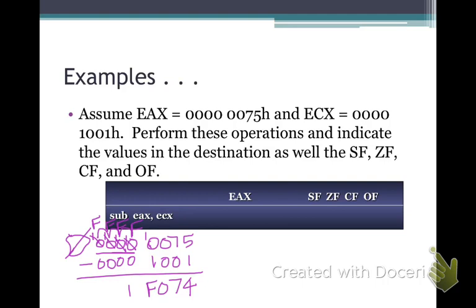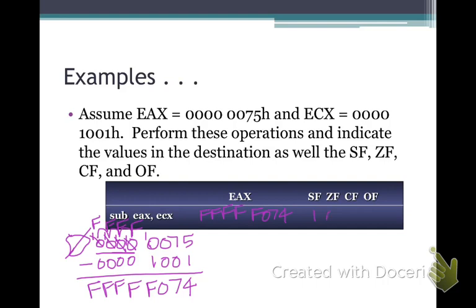F minus 0 is F, F, F, F. So my result in EAX will be FFFFF074.